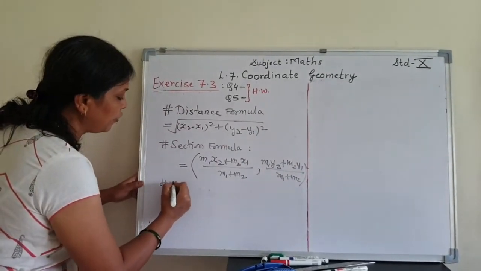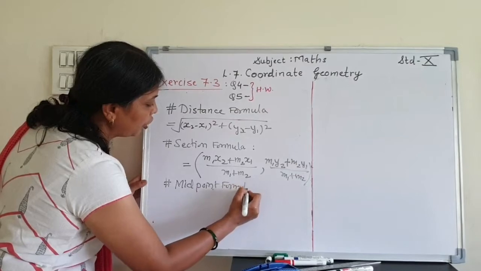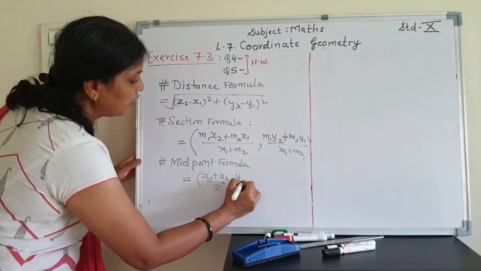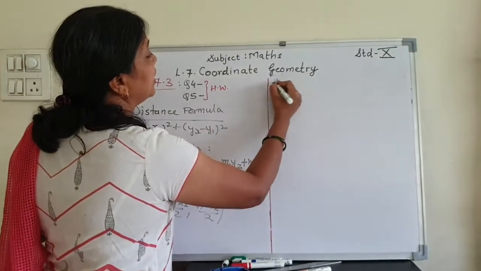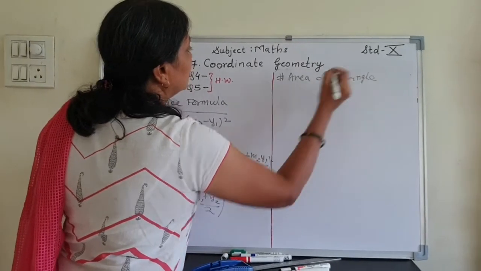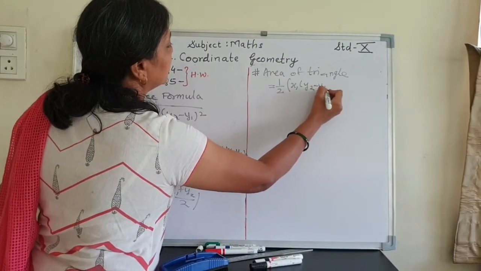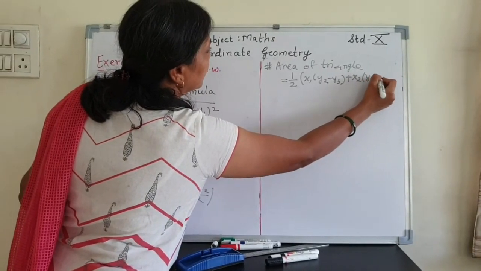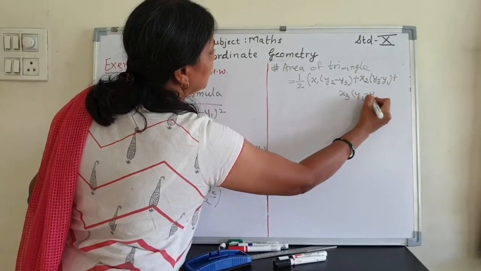Again we have seen the midpoint formula, a special case of the section formula, that is the coordinates of the point we get as (x1 plus x2) upon 2, (y1 plus y2) upon 2. And finally we have seen area of triangle just now, that is half of x1 (y2 minus y3) plus x2 (y3 minus y1) plus x3 (y1 minus y2).